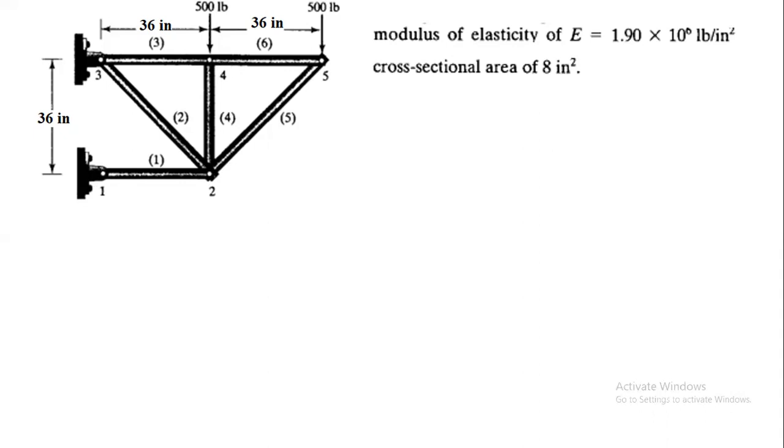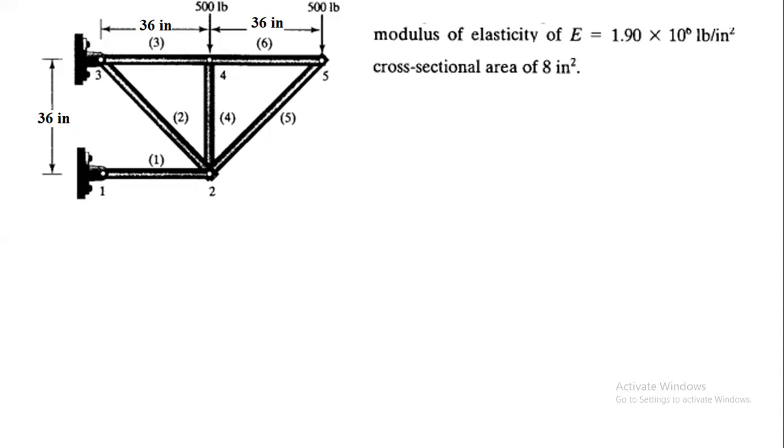Now the next step in finite element method is to calculate the stiffness matrix. For calculation of the stiffness matrix, we need the length of each element and the angle made by each element with the horizontal, and the stiffness matrix of each element is having size 4 by 4.